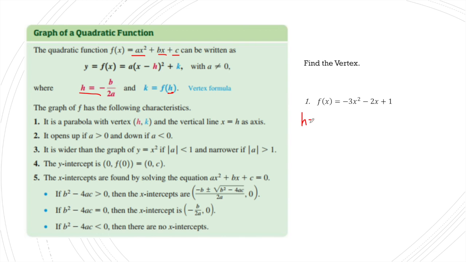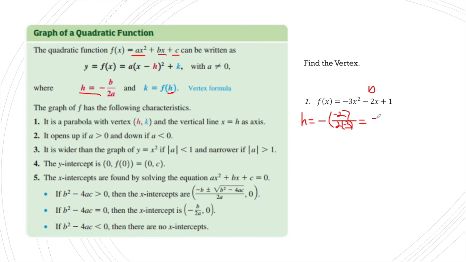So let's go ahead and find that. So I have h equals -b, which in our case is -2, over 2a. A in this case is -3.